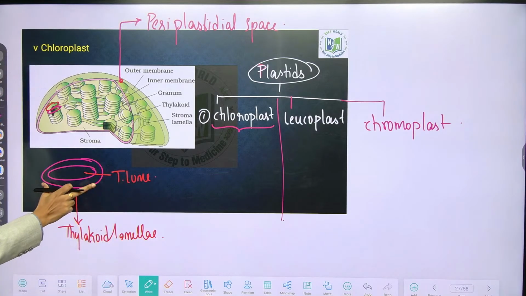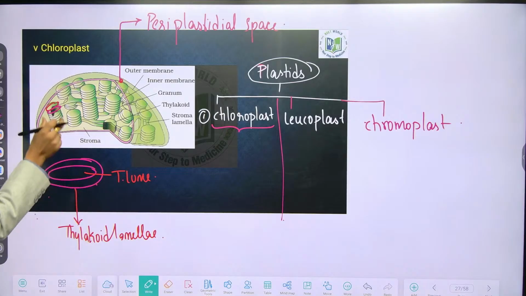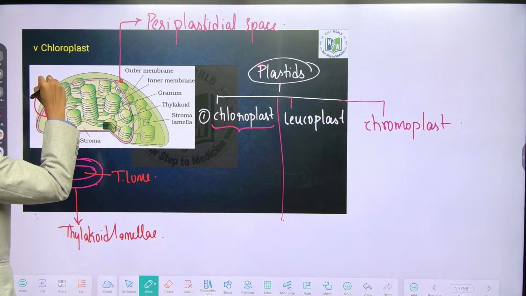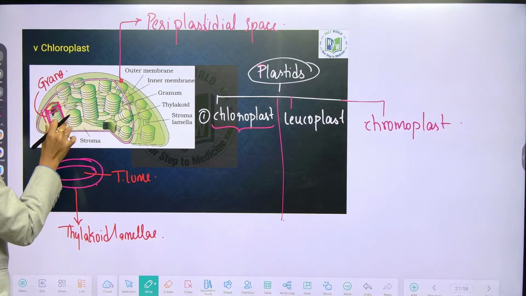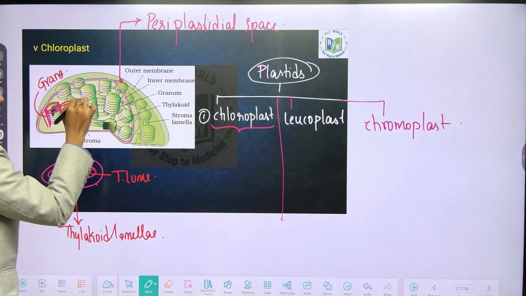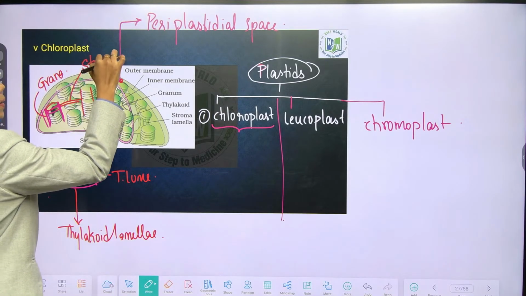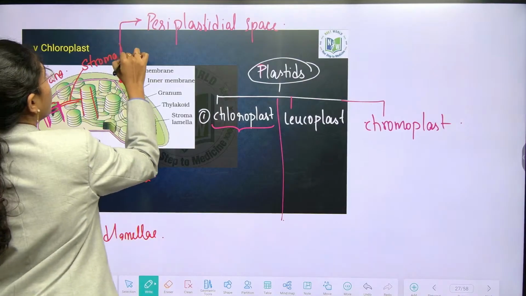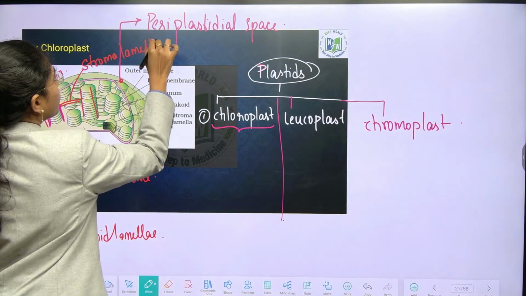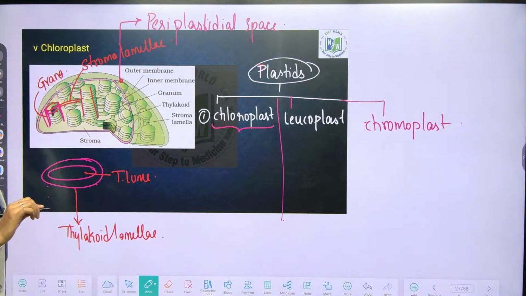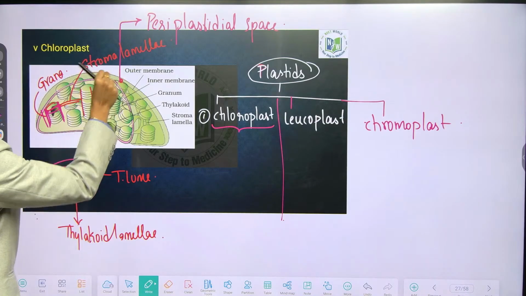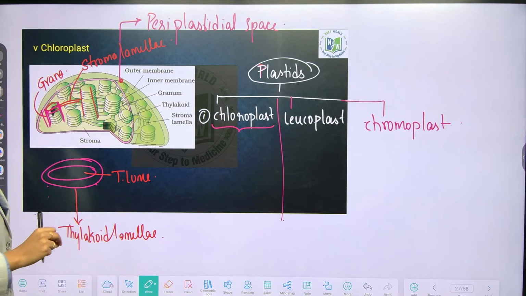So this is the membranous sac-like structure. A stack of membranous sac-like structures is known as grana. One grana is connected to the other grana by stroma lamellae. Double membrane, space in between the 2 membranes is periplastidial space.